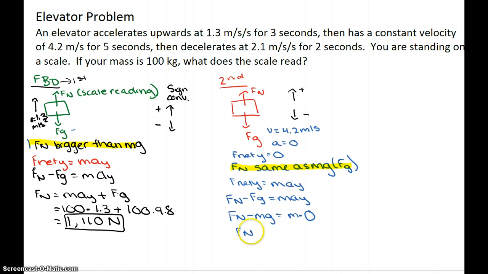So this simplifies to my normal force equals m times g, which is 100 times 9.8, or 980 newtons.